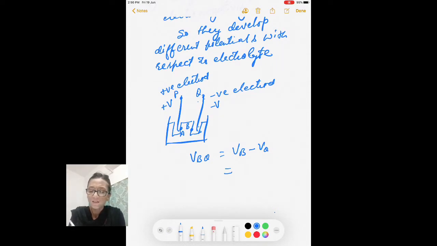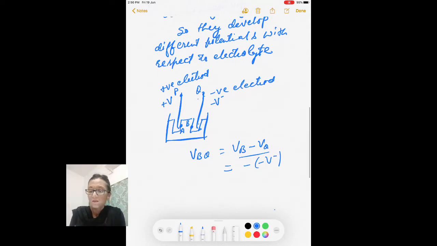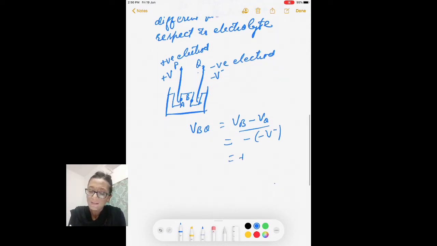Higher minus this minus V minus, because it is negative, minus of minus V minus becomes plus V minus.